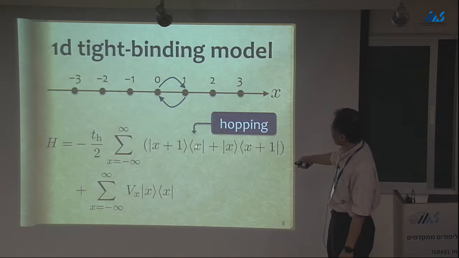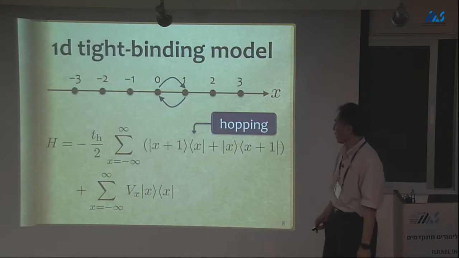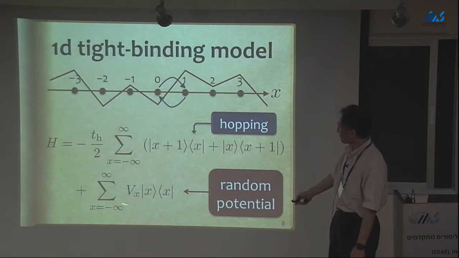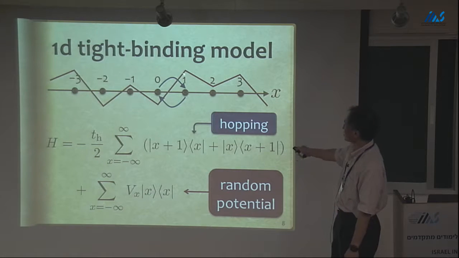It means that the particle at the site x hops into the next right side with this amplitude, and it can move back from this site to the left neighbor by the same hopping amplitude. And this is the random potential part. So potential is random here.